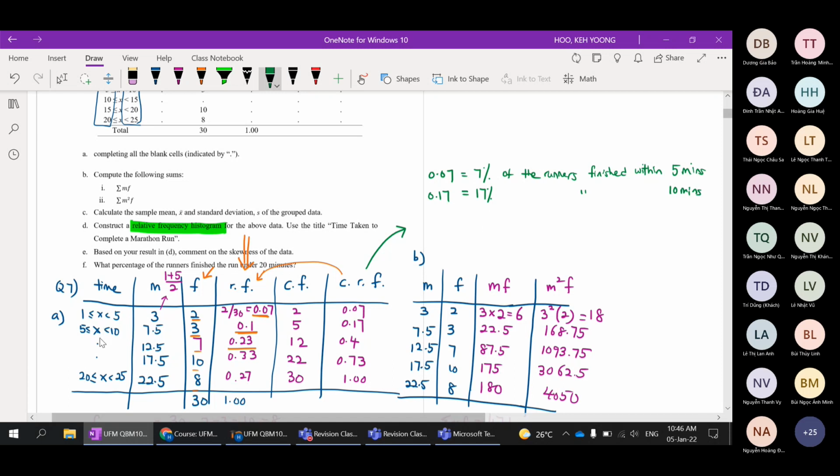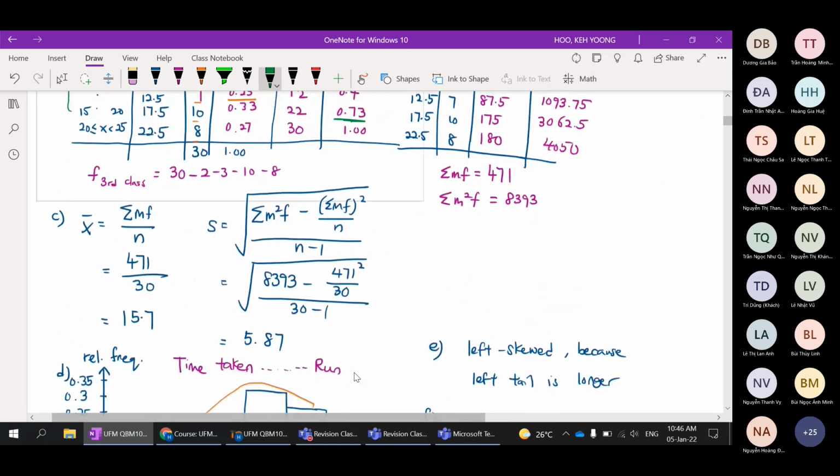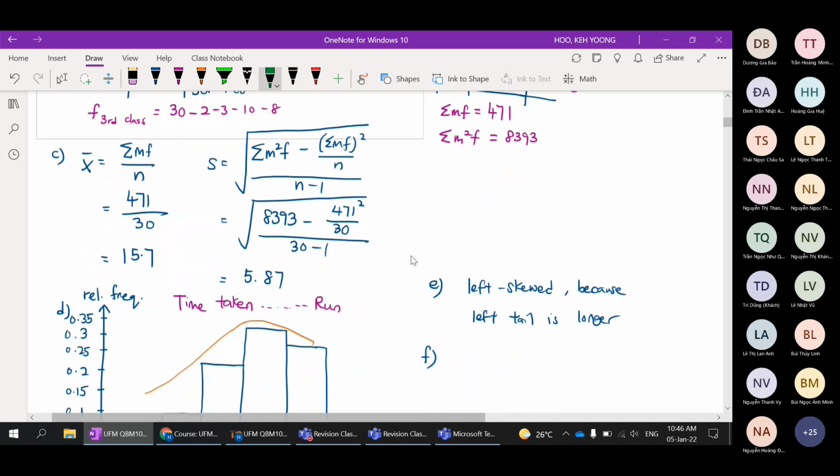So if you follow this concept, what percentage of runners finish under 20 minutes? You have up to this. This is 15 to 20, right? So you look at the first 4 classes. The answer would be 0.73, but you have to give the percentage, so you times 100%.